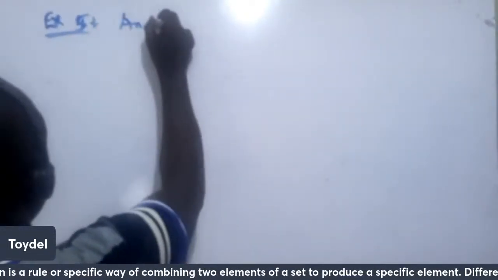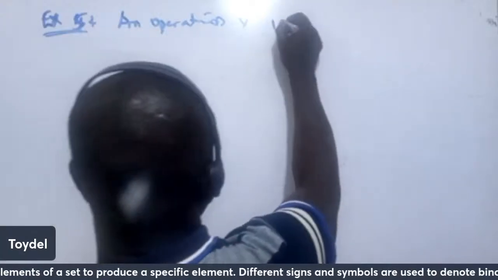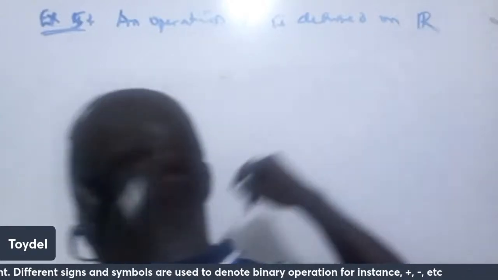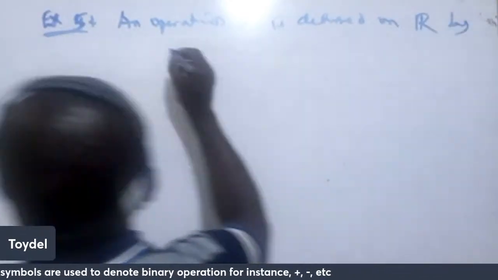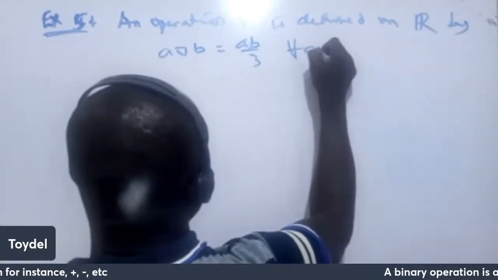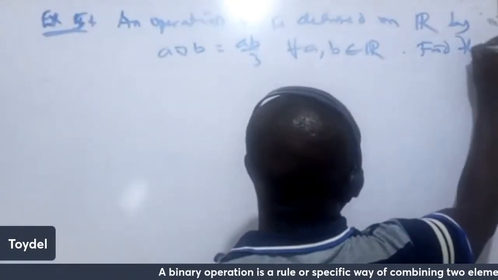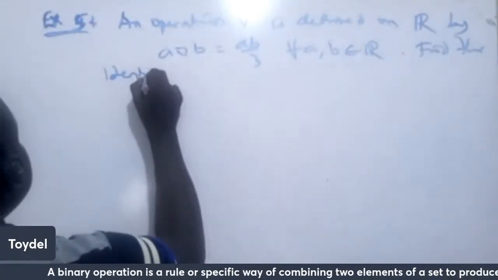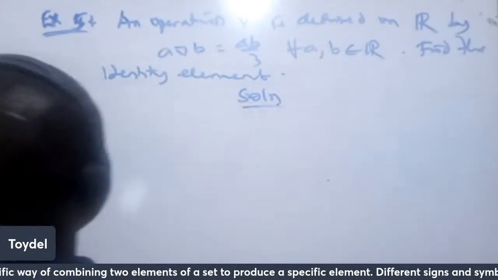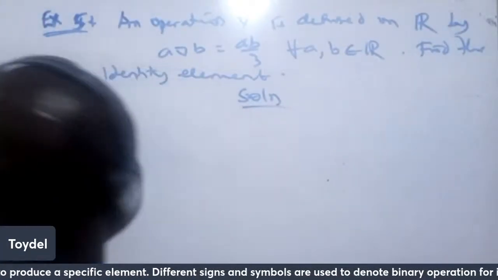An operation, inverted triangle, is defined on R, the set of real numbers, by A inverted triangle B equal to AB all over 3, for all A, B belonging to R. The question says find the identity element. Of course, we have been able to establish that you call it identity element or neutral element. In some textbooks, probably you are going to see neutral element there. It's still the same thing.